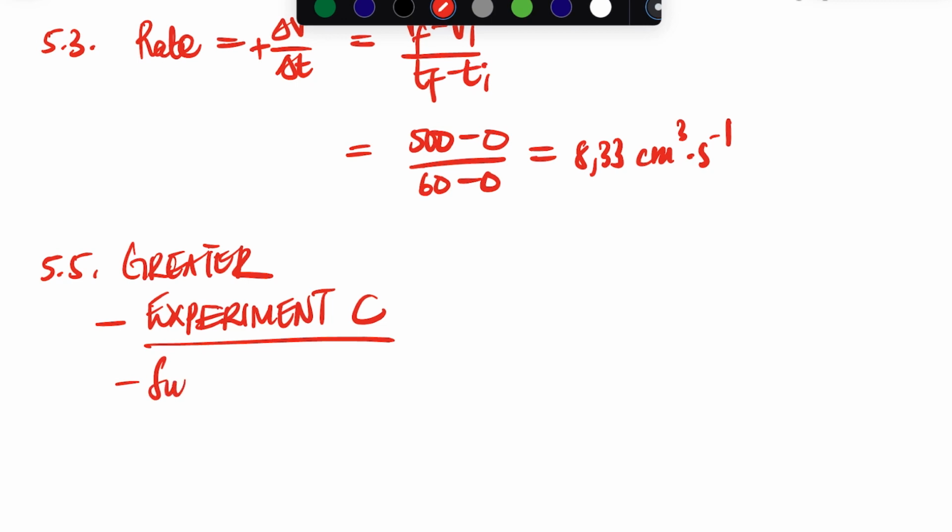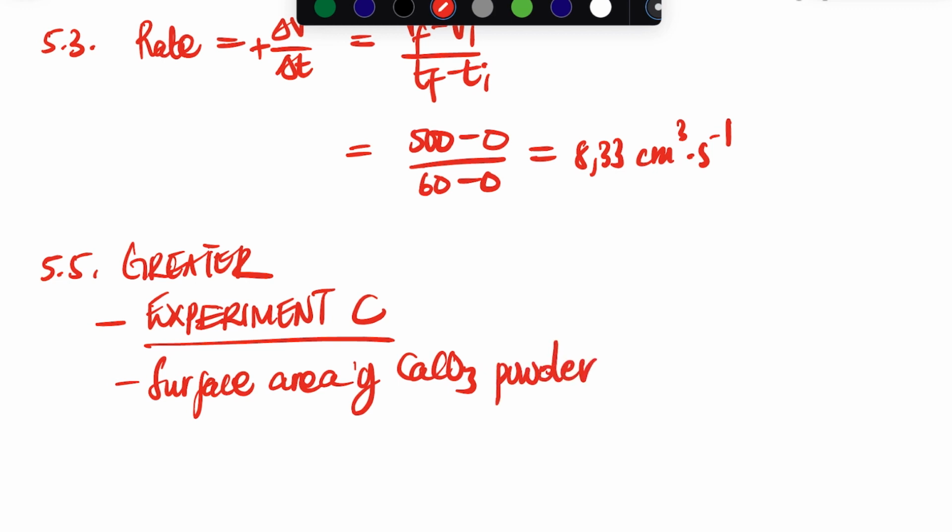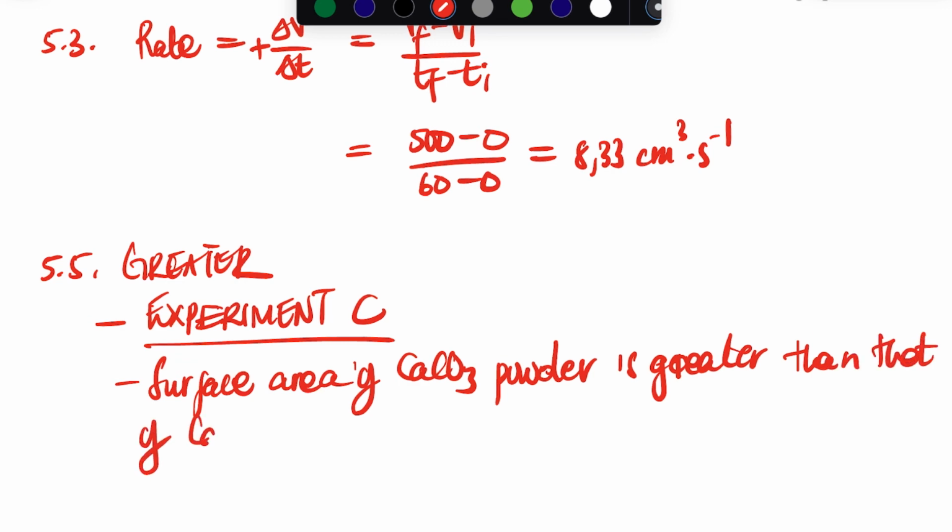I'll say the surface area of calcium carbonate, which is powder, is greater than that of calcium carbonate in A, which is in granules, right?